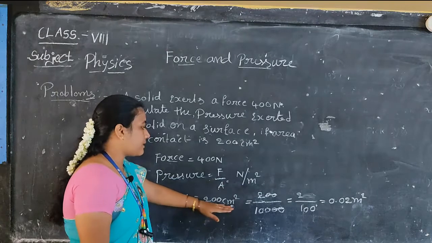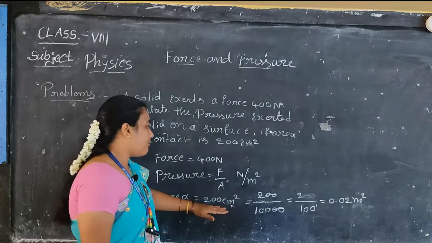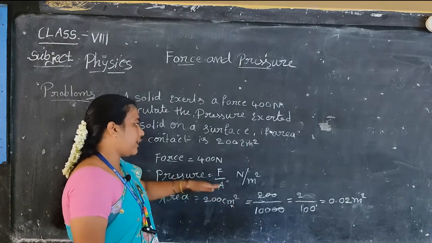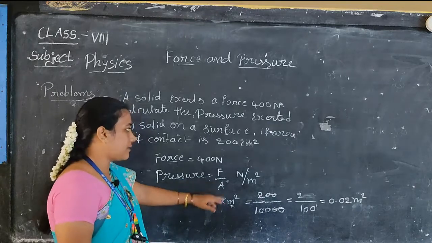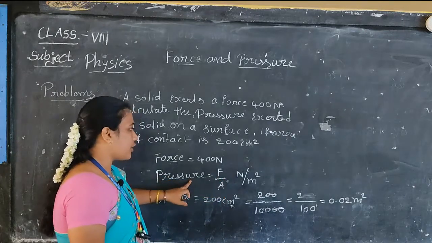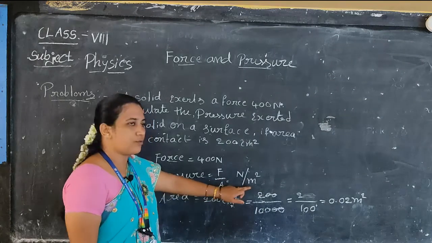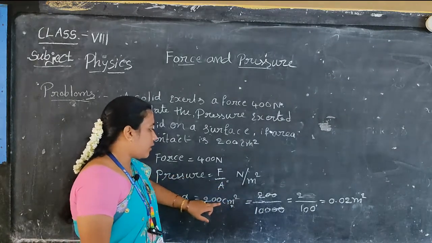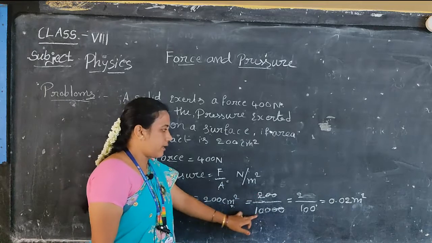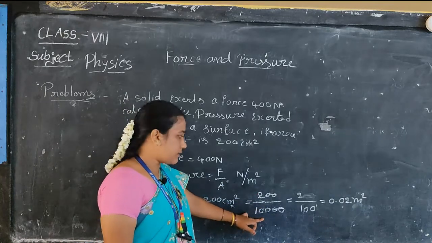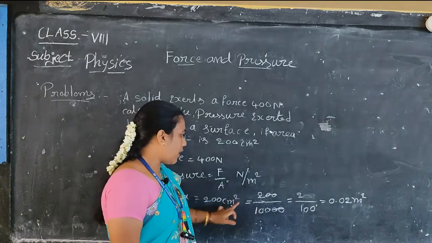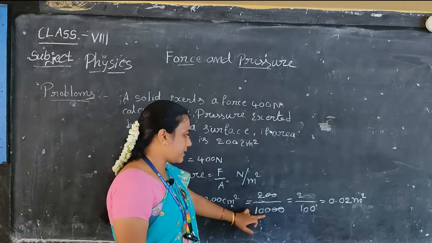So 200 centimeter square area is given. We can't put this value directly into the formula. Why? Because the pressure unit is Newton by meter square, we need to convert centimeter square into meter square. So 200 by 10,000. Why do we take 10,000? For 1 meter, how many centimeters? 100 centimeters.